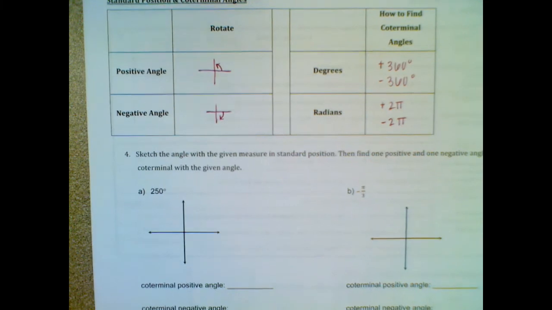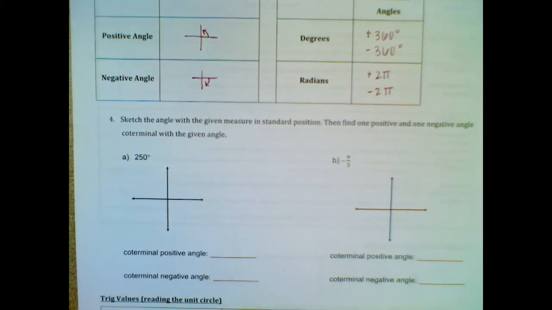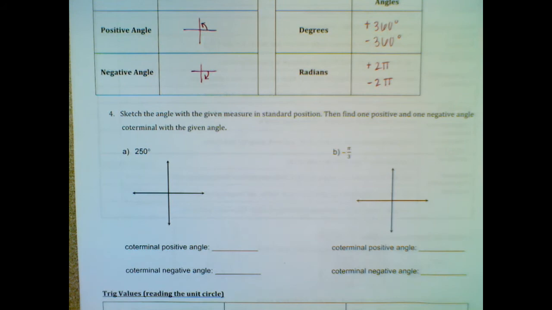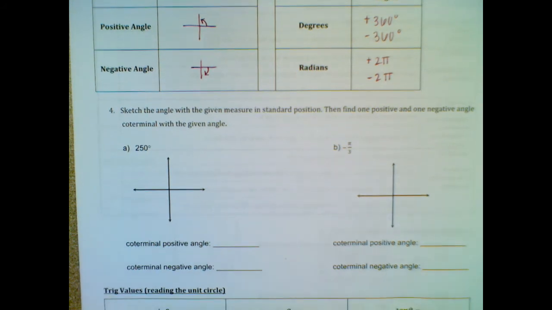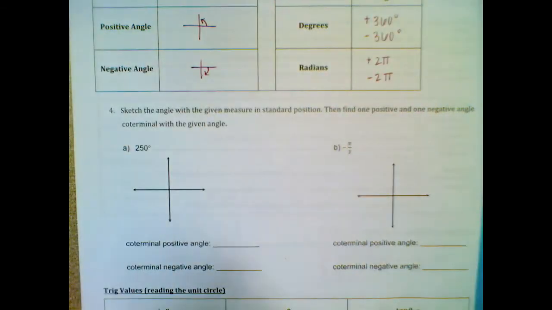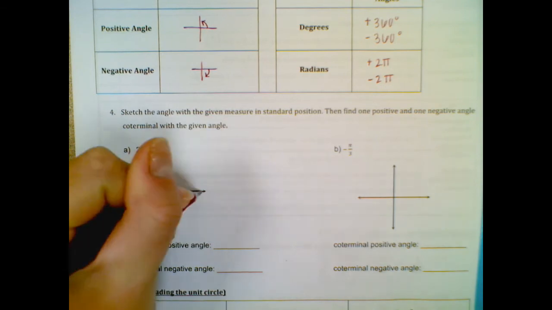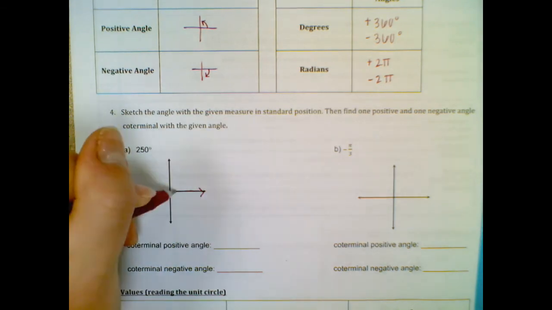All right, so number 4 says sketch the angle with the given measure in standard position. Then find one positive and one negative angle coterminal with the given angle. So let's look at letter A of 250 degrees. You guys will have a unit circle with you, so if you need help with where 250 is, but let's logically think about this. So we start here, right?